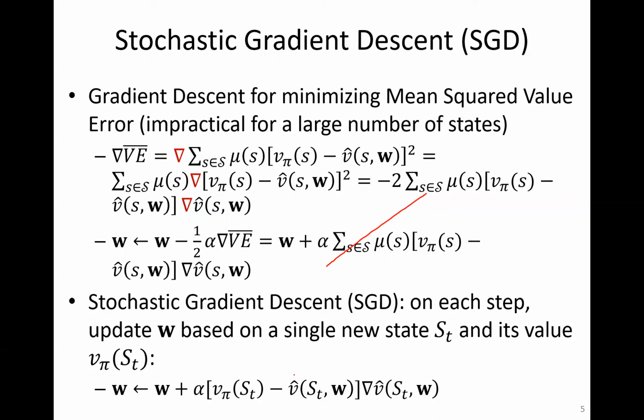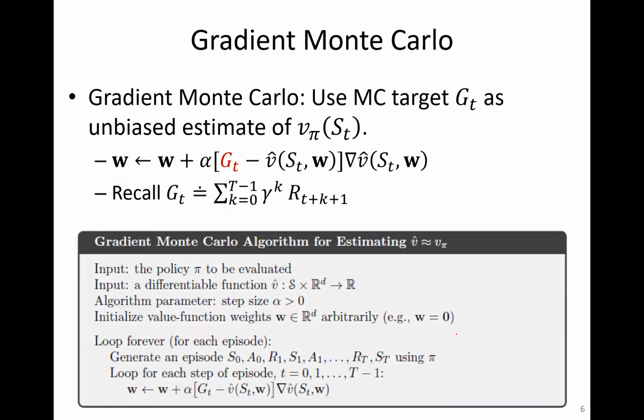Second, we now have the capital S_t instead of the small s. This indicates a particular sample of state at time t, whereas small s is a random variable. So that's stochastic gradient descent.